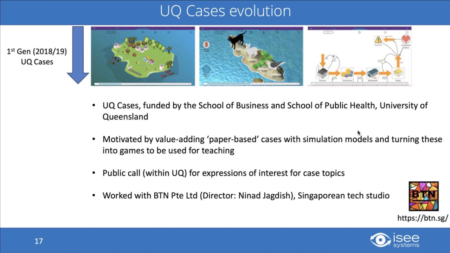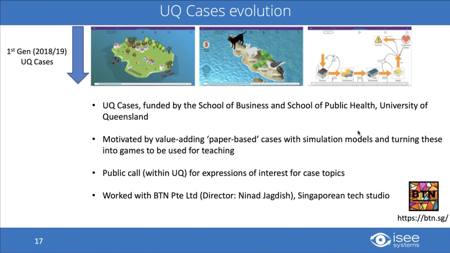So we talked to Ninad, and over a period of time we worked out that we could not only create these games, but make them look like a game, like something that doesn't necessarily look technical but might be more engaging for students of the digital generation.